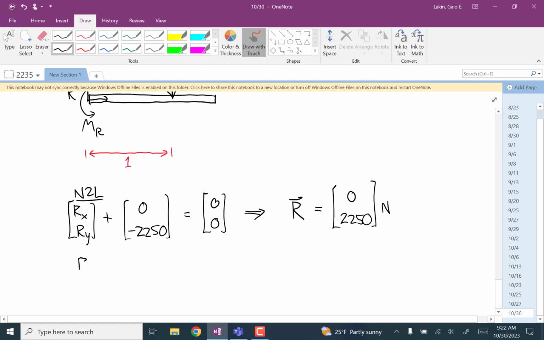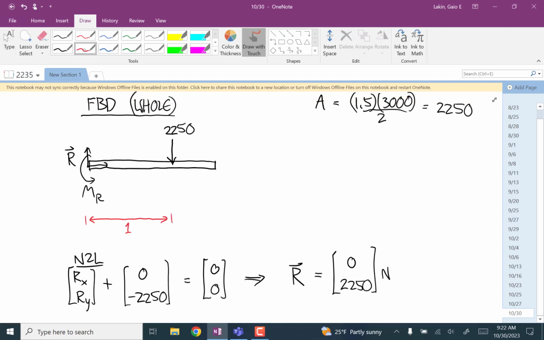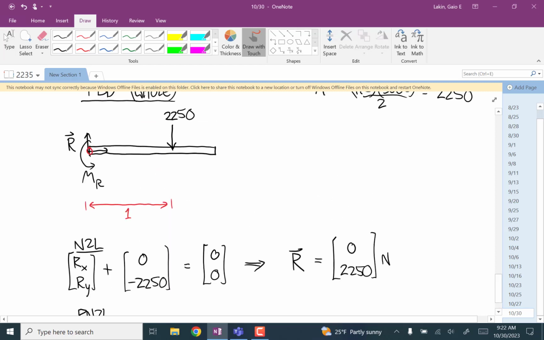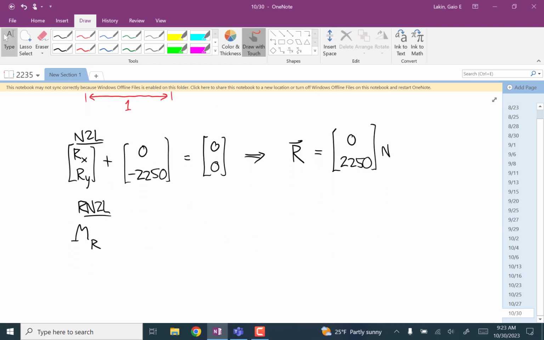And then the moment equation, I'm going to use this as the about point. So we have that external couple, MR, and then the 2250 would produce a clockwise moment, so that's negative, with a moment arm of 1, a force of 2250.